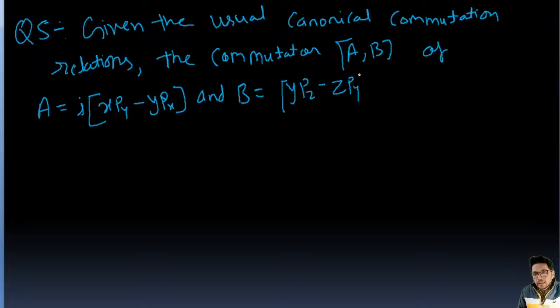Okay, this is given: xpy minus ypx and ypz minus zpy. You need to find out the commutation AB. Very simple. And options are given.